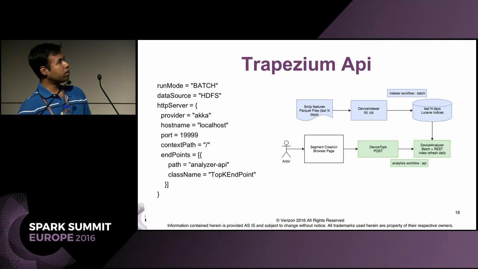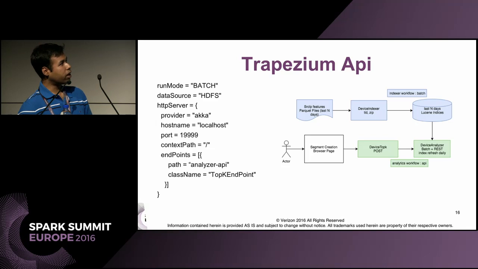In Trapezium, API is also a configuration-driven flow. We support right now Akka and basically a servlet-based flow. Akka will be our default soon, I think, because it has all the non-blocking I/O that you want.